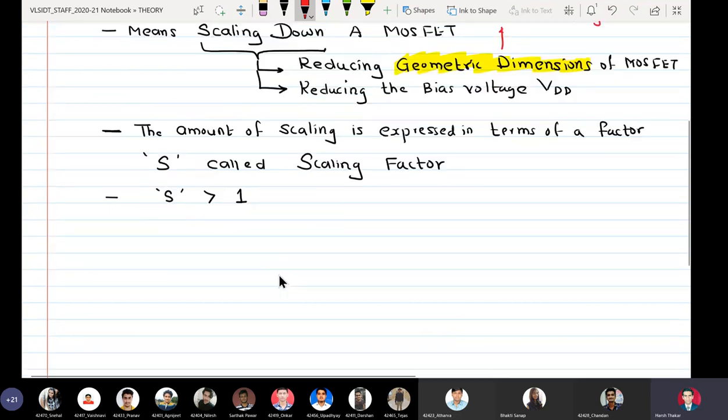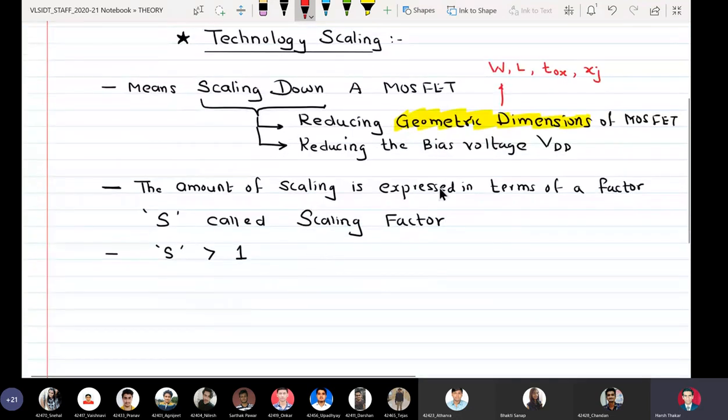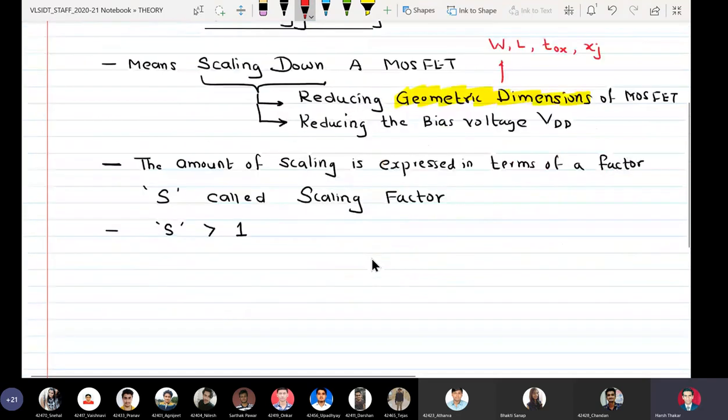Scaling factor: if my new width is W dash, then it will be equal to W upon S. New length L dash is L upon S. New oxide thickness Tox dash is Tox upon S. Because S is greater than 1, if I keep S equal to 2, then my new width will be half of the original, new length will be half of the original, and oxide thickness will also be half of the original. That is why we say that the amount of scaling is expressed in terms of a factor called the scaling factor, denoted as S, and S is always greater than 1.